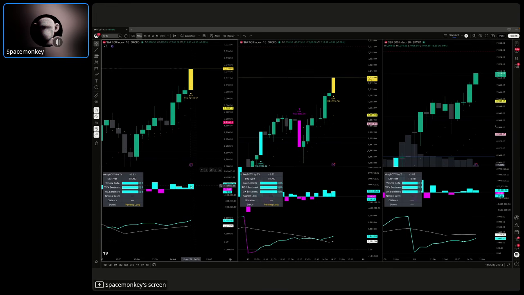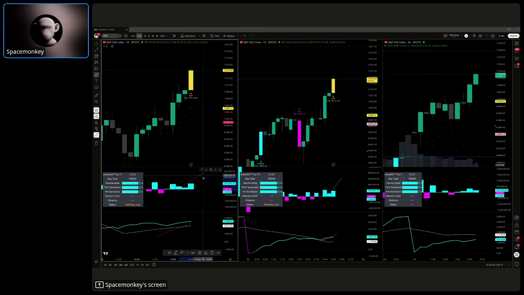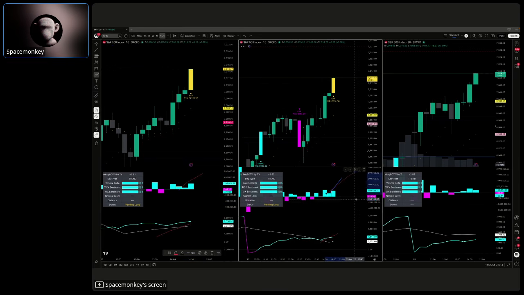Look at the volume delta down here. It's expanding. Look how big it is here on the 10-minute. It's moving higher on the 15. You can see that we're moving to the upside on the volume delta. You can see that the tick is pushing higher on the 10, the 15, the 10, and so on.